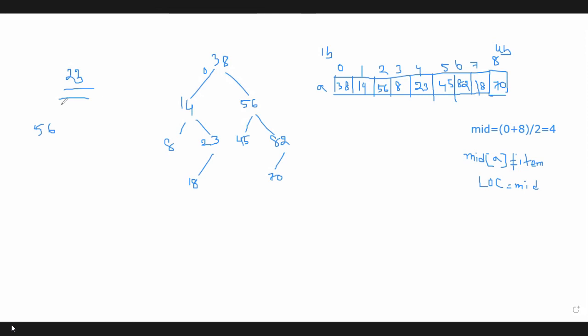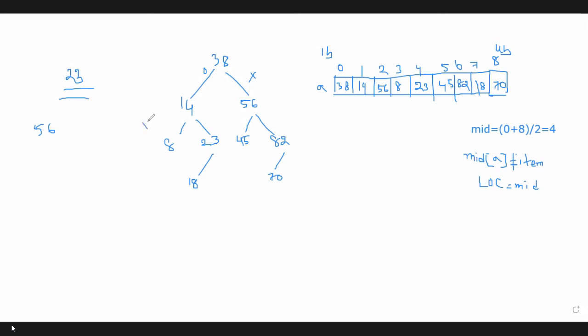So here, the item is 23 and we want to find that item in this tree. At first, compare it with the root node. 23 is smaller than 38. So now find that data in the left subtree. Now we can ignore the right subtree. In this way, we are reducing the size of the tree, or size of the array. Okay, so now the next node is 14. Is 23 smaller than 14?